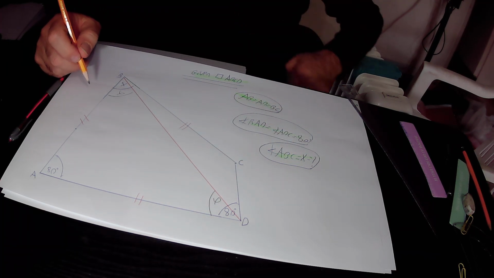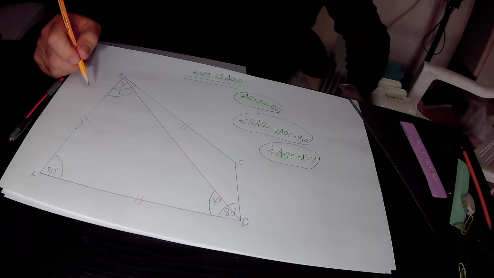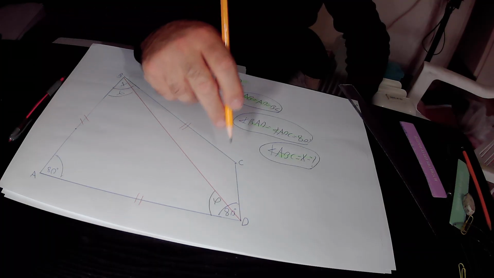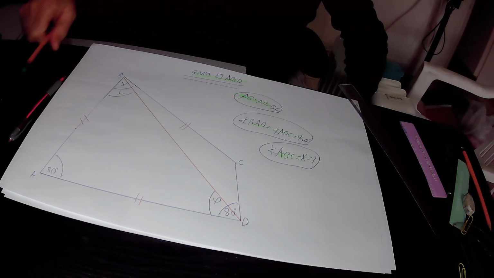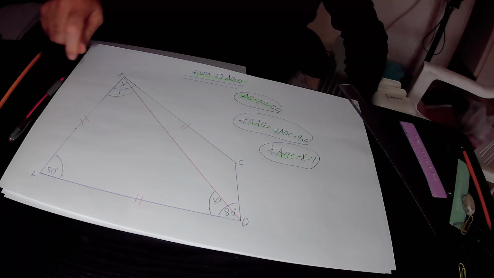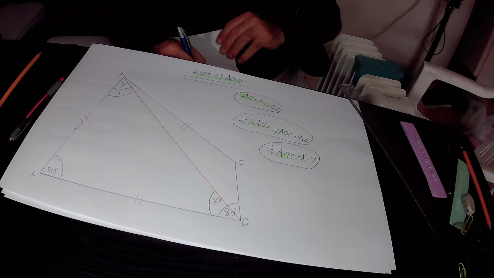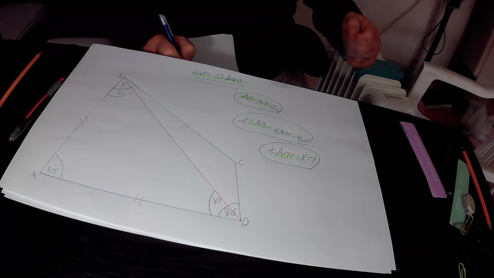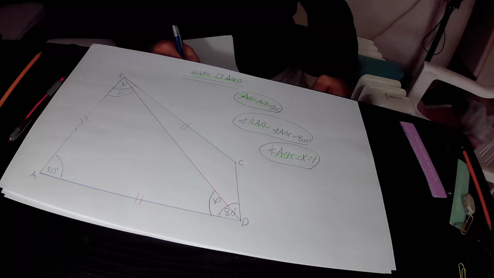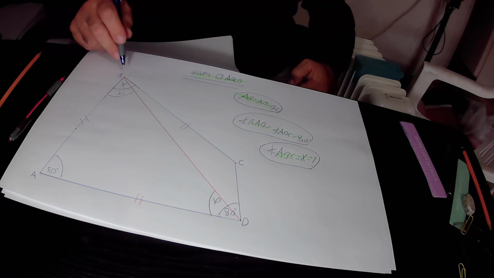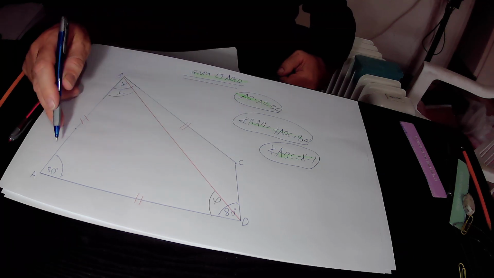We know that the sum of the angles in a triangle is equal to 180 degrees. Therefore, the sum of the angles in this triangle ABD must be equal to 180 degrees. So which angles do we have in the triangle ABD? We have alpha plus alpha is 2 alpha, plus 80 degrees.